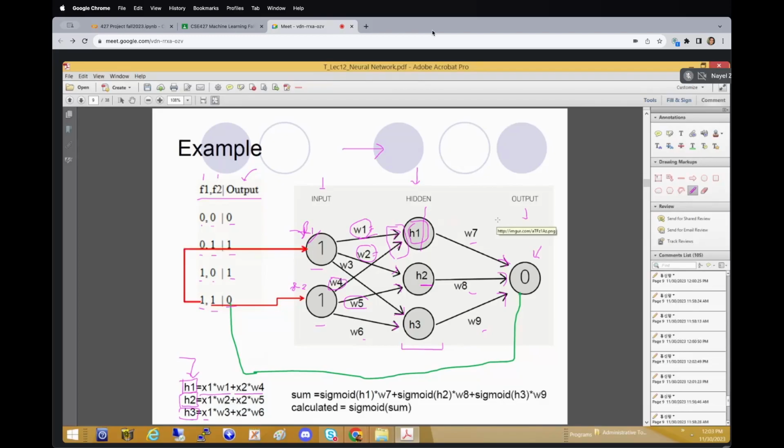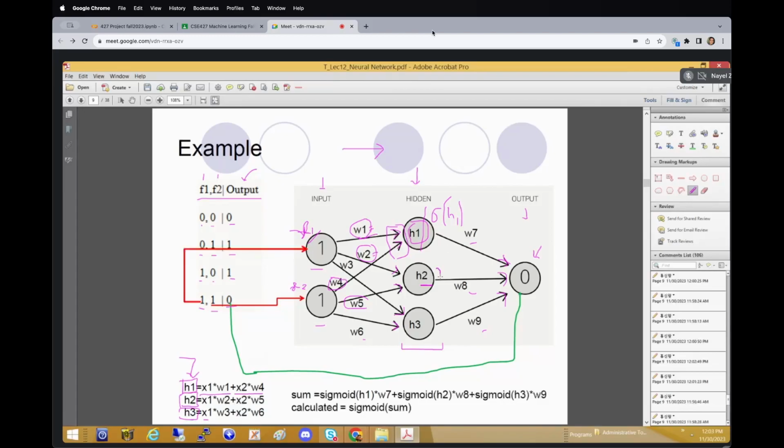So these values we have to pass through some form of activation function. Let's say we will pass it through the popular sigmoid activation function. So the sigmoid of h1 will provide us the non-linear values.